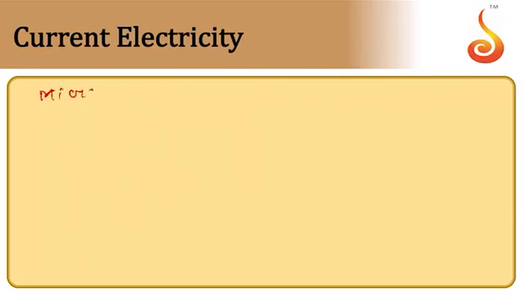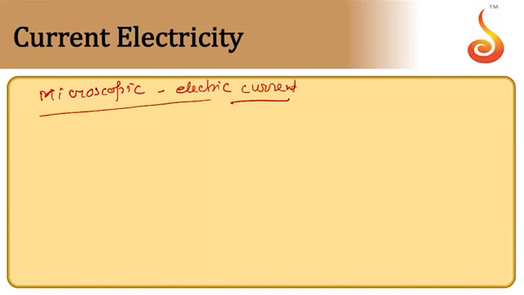The microscopic picture, or microscopic details, of electric current is generally in terms of what happens inside a solid conductor. You know that it is the random motion which takes place inside a solid conductor, but the random motion does not give rise to electric current. It is the systematic motion, represented in terms of drift velocity.